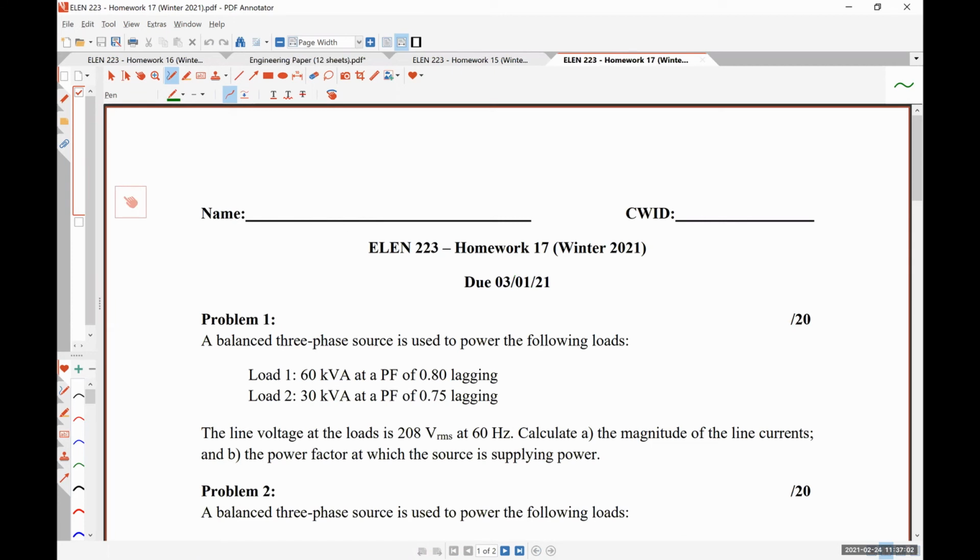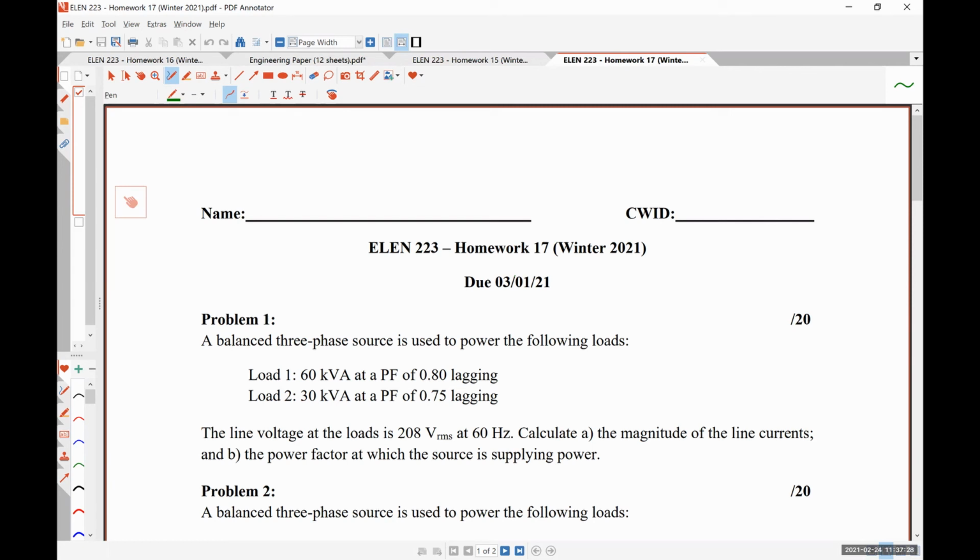All right, so just looking at this first one right here, you have a balanced three-phase source and a balanced three-phase load. You're not told if the source or the load is Y or delta. I mean, not necessary to really know. You're given the line voltage at the loads, and you want the magnitude of the line currents and the power factor at which the source is supplying power.